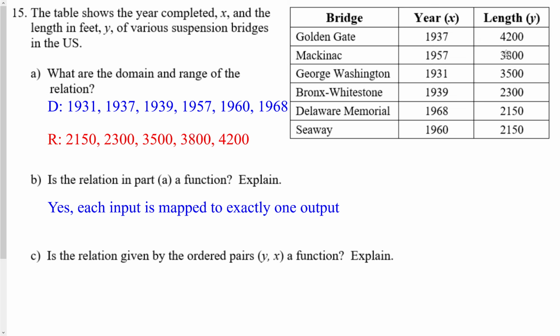But now, I ask you to think about it a little bit differently. If we flip-flop these and we make the length of the bridge the input, notice here in the ordered pair we have the y first. If the length of the bridge is the input and the year the bridge was completed is the output, is that relation a function?